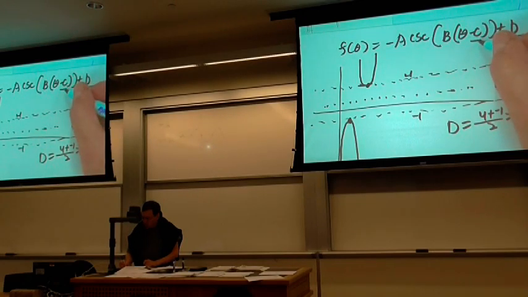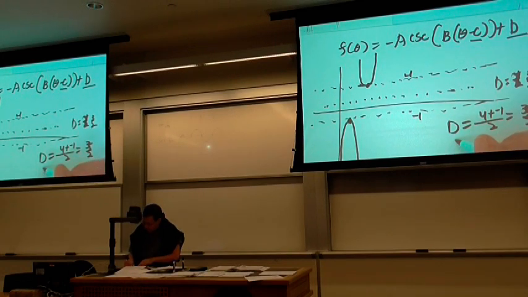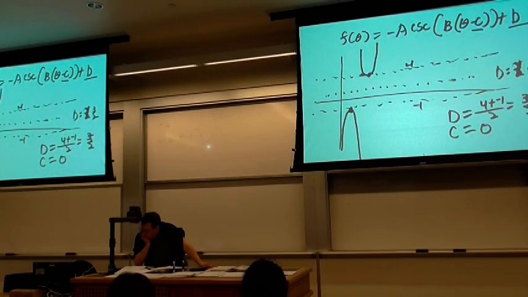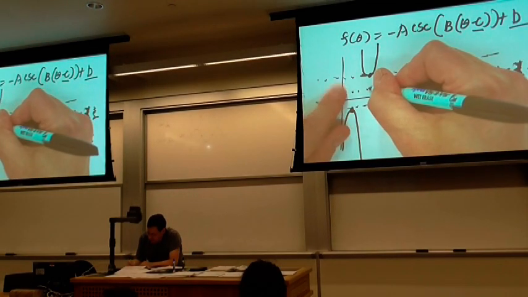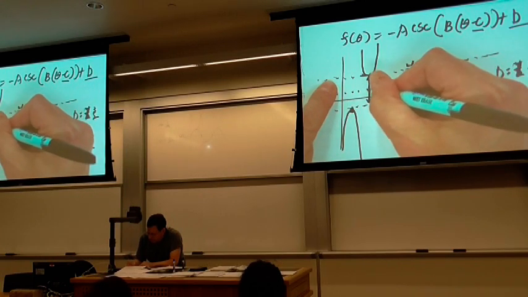But our offset is 0, so our C is 0. So we have D, we have C equals 0. Well, let's go after A, right? So A is kind of like, let me describe it this way, I'll call it the empty amplitude, the amplitude of the empty space here.